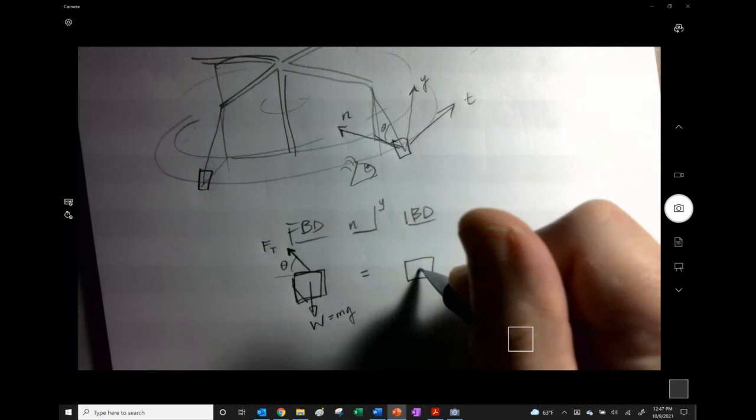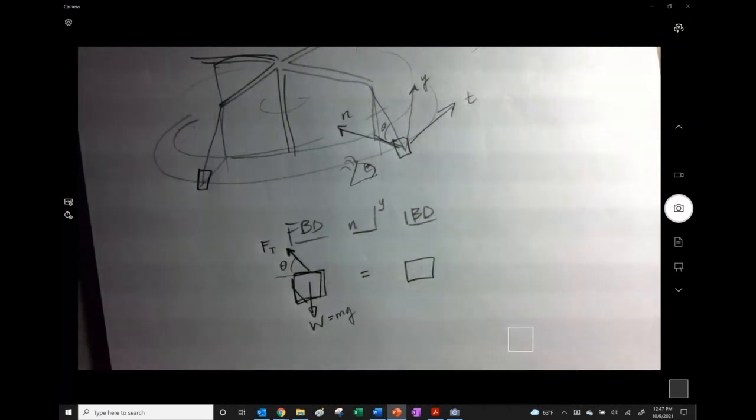And then over here, we have an acceleration. What is the direction of the acceleration? Anybody want to guess? Left, right, up, or down? Say right.